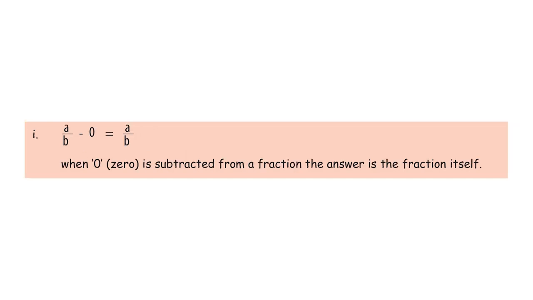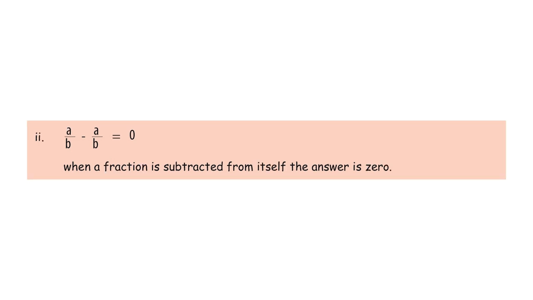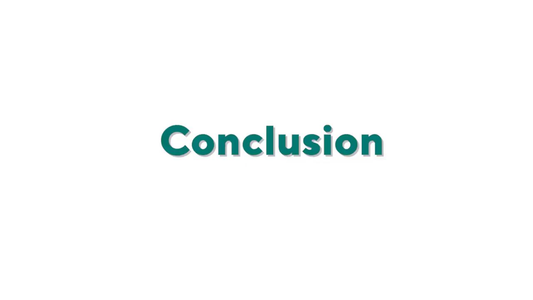The next property is a by b minus 0 is a by b. That means when 0 is subtracted from a fraction, the answer is the fraction itself. And the next one, when a fraction is subtracted from itself, the answer is 0. a by b minus a by b is 0.